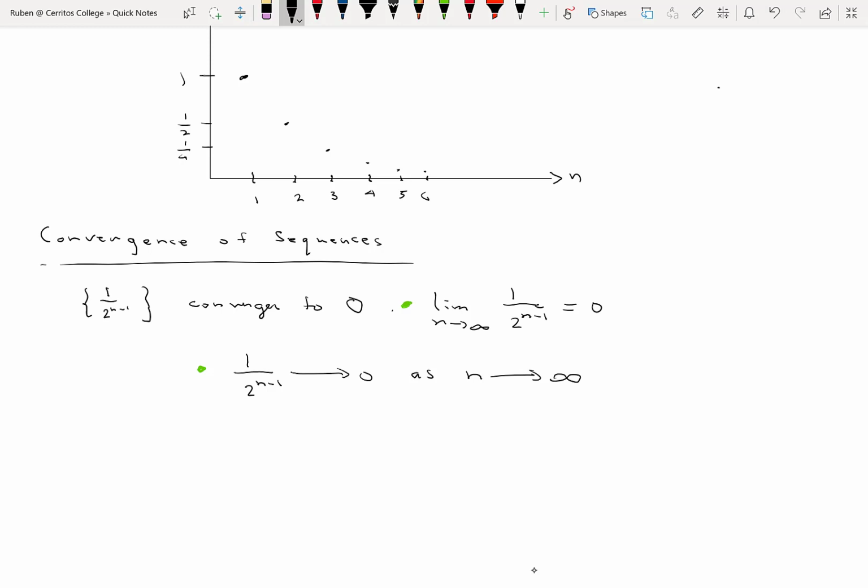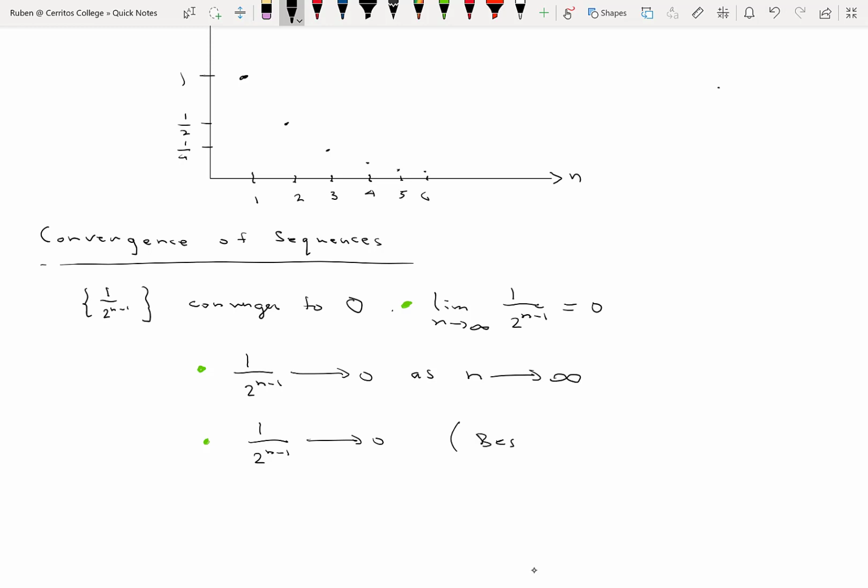Now even this has something in it that we don't have to write, because the idea of convergence or divergence always depends on n approaching infinity. So the best way to denote the convergence of this sequence to 0 is simply to write 1 over 2 to the n minus 1 approaches 0. This is the best notation.